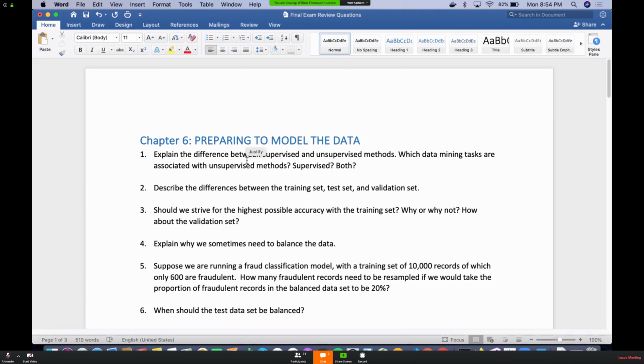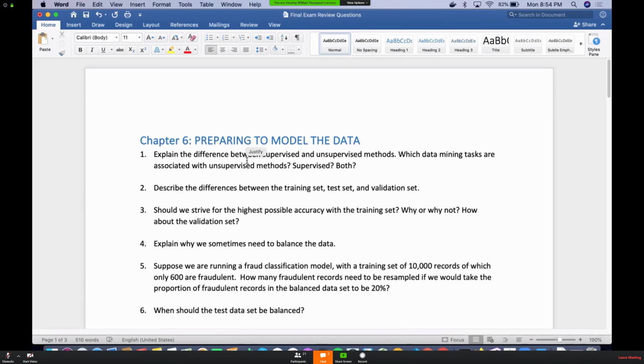Then another question here is, should we strive for the highest possible accuracy on the training data set? If yes, why? If no, why not? And then how about the validation set?